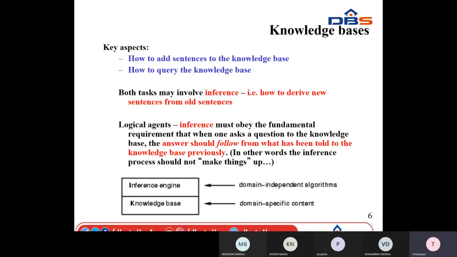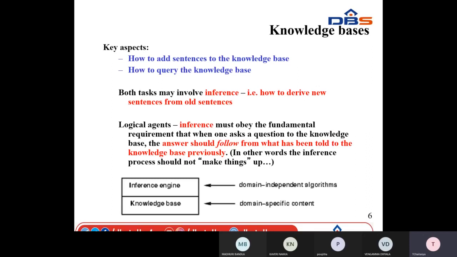And second, see here, key aspects: how to add sentences to the knowledge base and how to query the knowledge base.